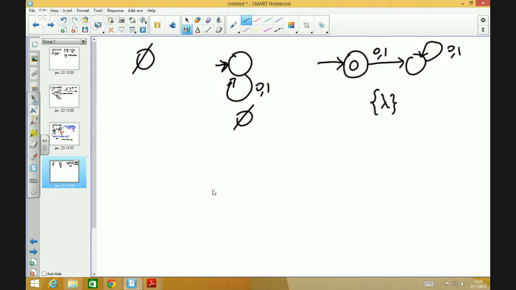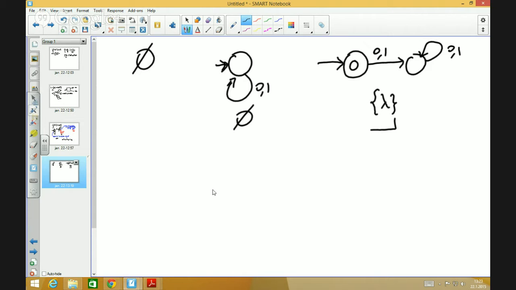So the empty set is like an empty backpack, whereas this set here is like a backpack that contains one string. The string is empty, but there is a string in there. There is life in that backpack, whereas there is no life here. Okay?